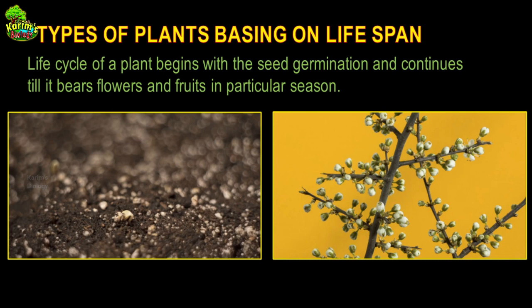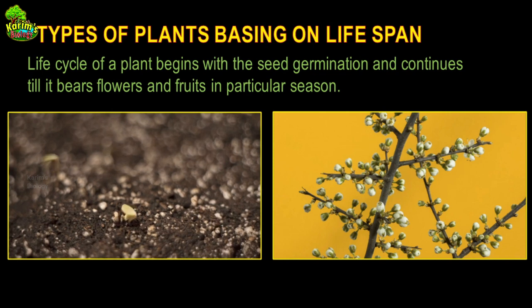The life cycle of a plant begins with seed germination. I'm just trying to give you some insight into the life cycle of a plant, how it starts and how it ends, and based on that, I'm also going to discuss the types of plants in this session. The life cycle of a plant begins with the seed. You all know that when you sow the seed in the soil, it germinates.